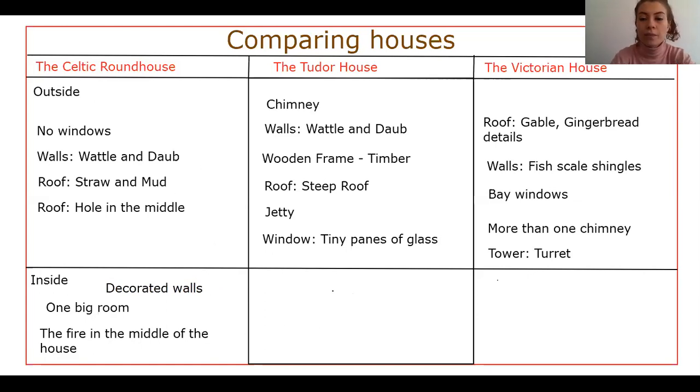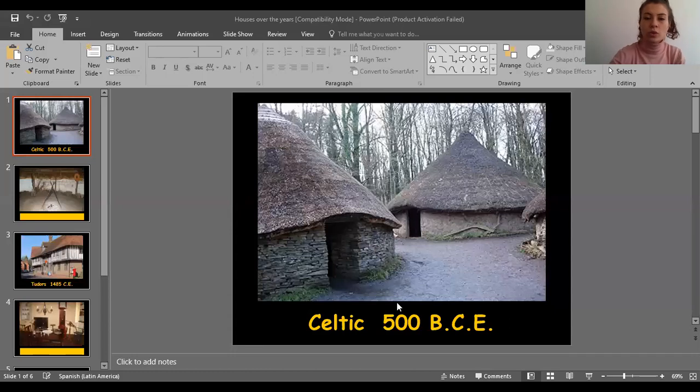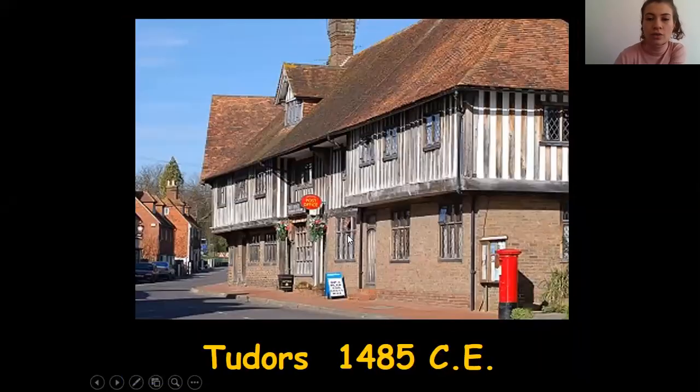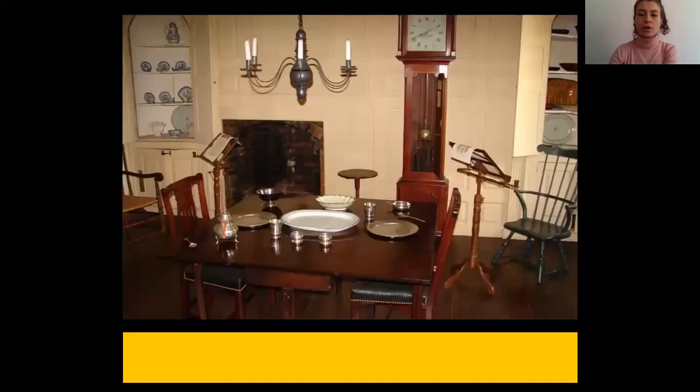So let's have a look now at the second, which is the Tudor house. So that's the Tudor house outside, and this is the Tudor house inside. So outside, inside. So we have here more rooms, not only one, more rooms, and the pieces of furniture, normal pieces of furniture, and yeah, that's it.